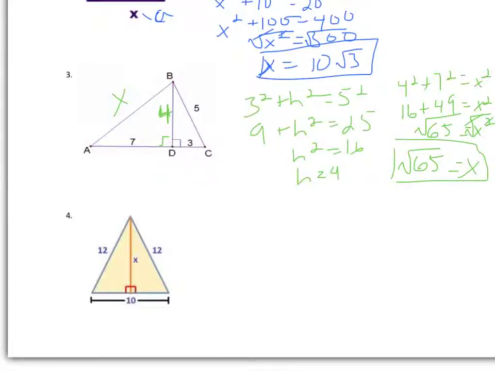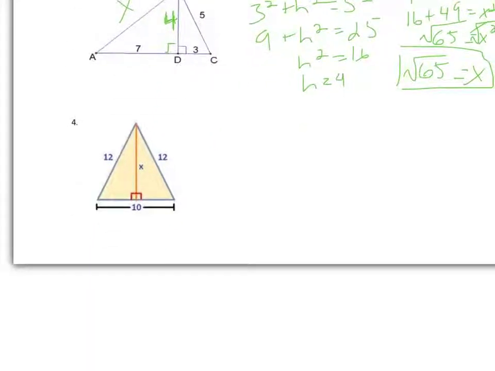All right, last one here is not overly difficult, okay, but one thing, just a minor thing you need to look for when you're doing problems like this is you gotta know what these measurements here all represent. So we have the 12 here and the x, all right, but we're just looking at this triangle, right? Because that's the right triangle, because it has to be the right triangle.